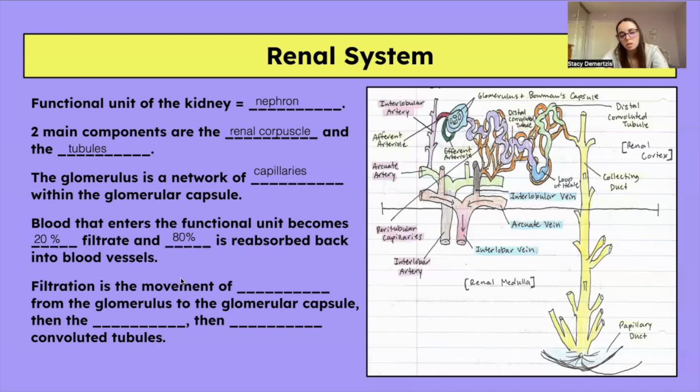And so when we talk about filtrate, and we talk about filtration, what is filtration? Filtration is the movement of something from the glomerulus to its capsule, then the tubules, right? And we already talked about this when we were describing it. You start off with a proximal convoluted tubule, and then after the loop of Henle, reach the distal convoluted. But what are we filtering? What is moving here?